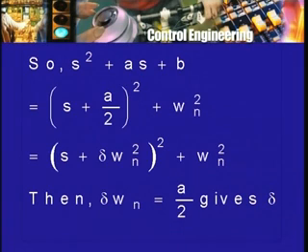With this, then the s plus a by 2 squared term can be rewritten as s plus delta omega n squared plus omega n squared, where delta omega n then turns out to be equal to a by 2. So with omega n squared given by b minus a squared by 4, from the formula delta omega n equal to a by 2, we can obtain the value of delta. Now I told you that this omega n is called the natural frequency and this delta is called the damping coefficient or the damping ratio.